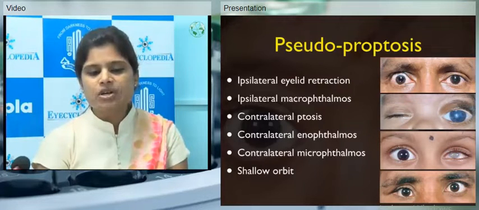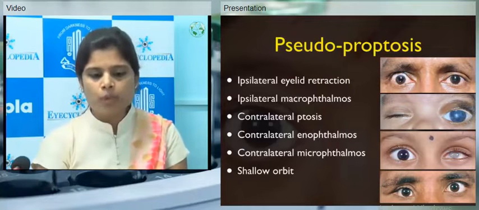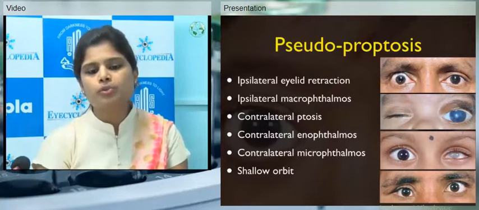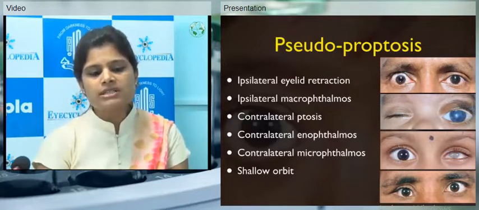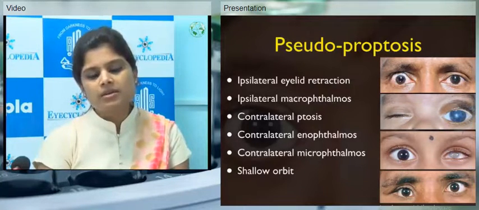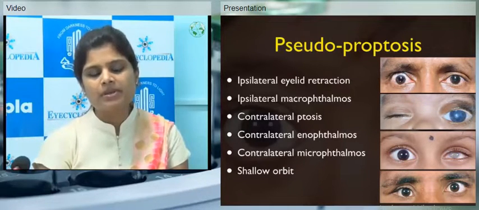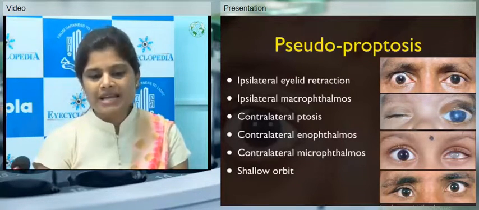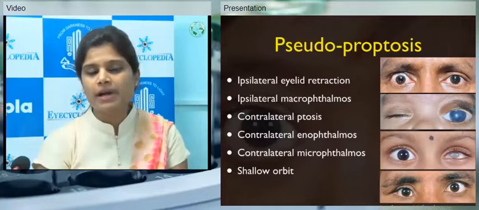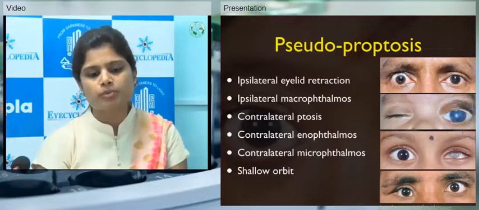Coming to the second picture, here again the left eye appears proptosed, but this is not true proptosis. This is because that eye as such is enlarged, which can happen in this child who obviously has buphthalmos, but it can also happen if the patient has staphyloma or high myopia, giving rise to pseudoproptosis.